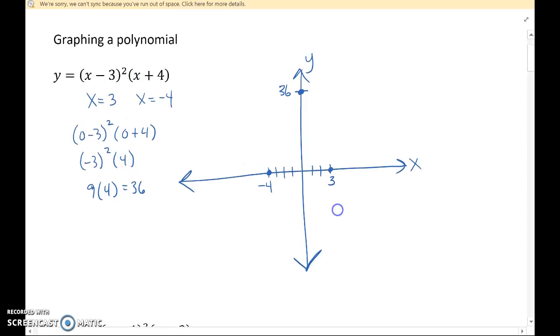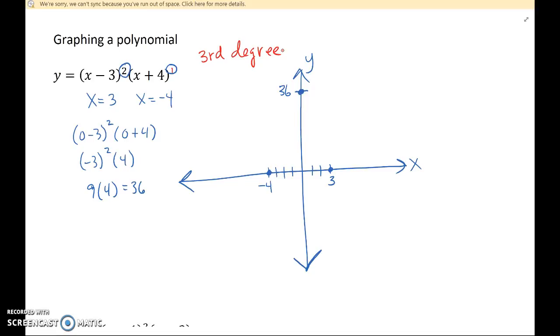Okay, so in a factored form, if you look here for the exponents, you see we have a 2, and then where there's not an exponent, we assume it to be a 1. So this means this is a third degree polynomial. The importance of the third degree polynomial is that its end behavior is going to behave like a third degree polynomial.